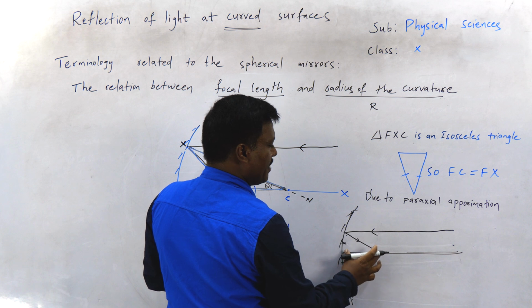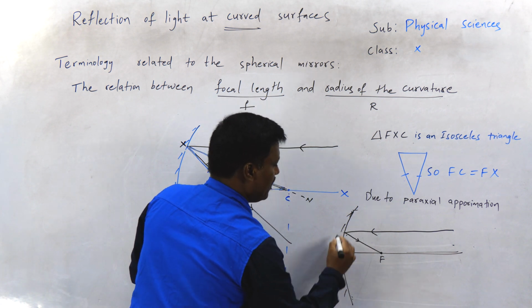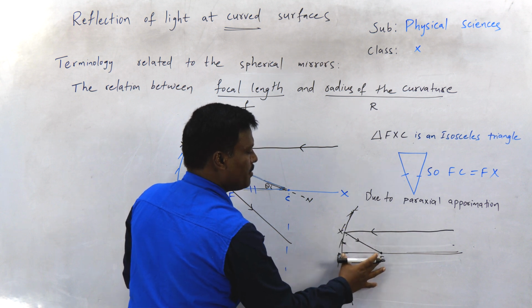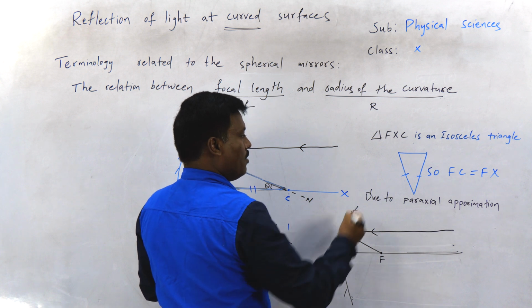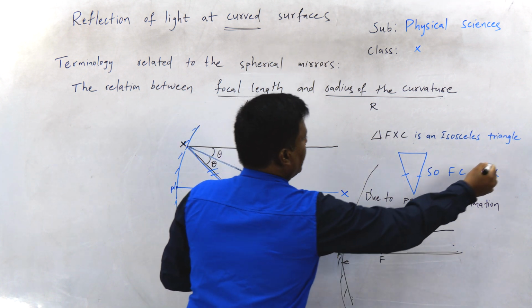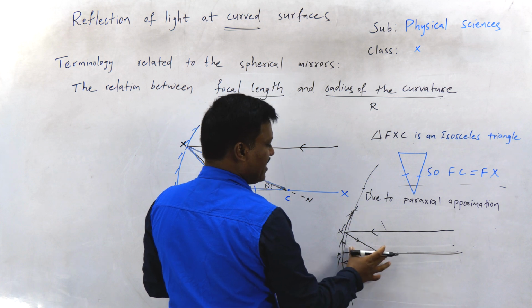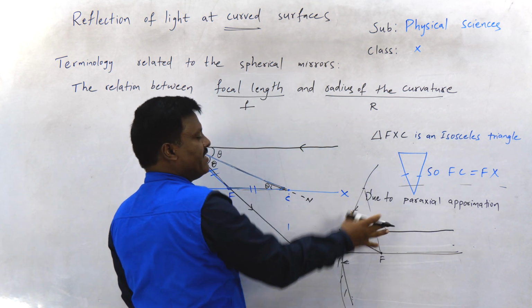Since these are paraxial rays, let's say this is focus F, this is pole P, this is X. The lengths XF and PF are equal because the rays are paraxial. But if you take a marginal ray like this, from here, that will meet here. Can we say this distance and this distance are the same?